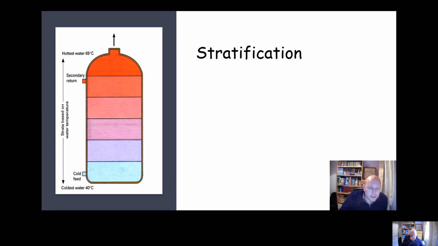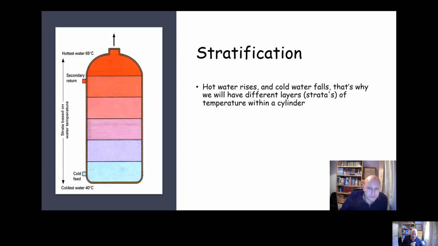And that's why we take our vent and distribution pipe off the top. It's also the reason why we put the cold feed at the bottom. We put the coldest water in at the coldest point, which can then be heated, and as it's heated, it will start rising up towards the top. And that's what stratification is. It's different layers of temperature.